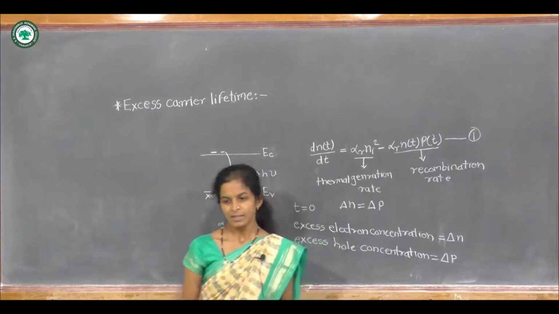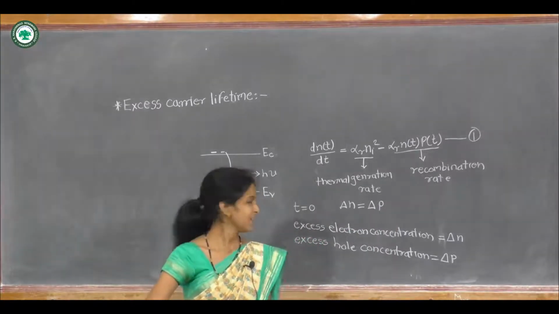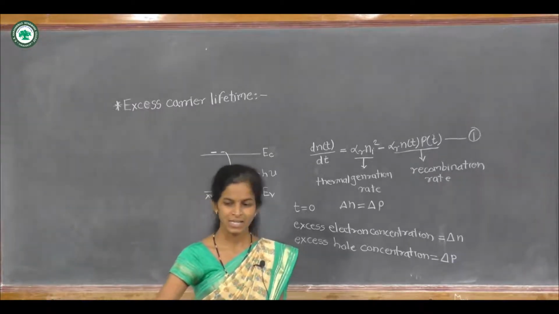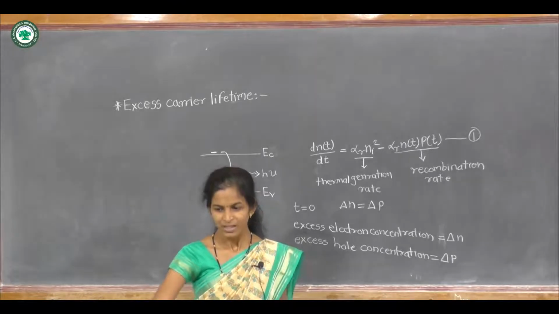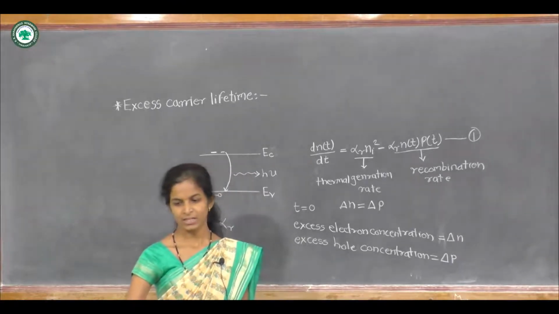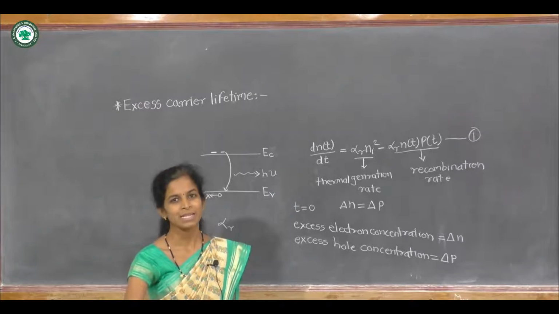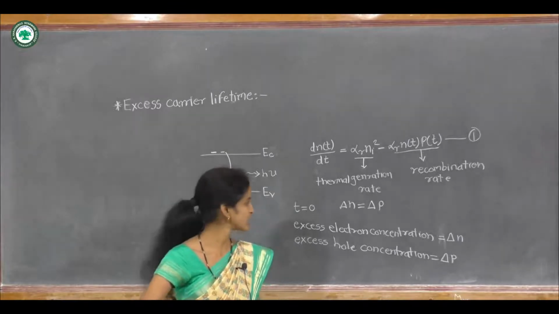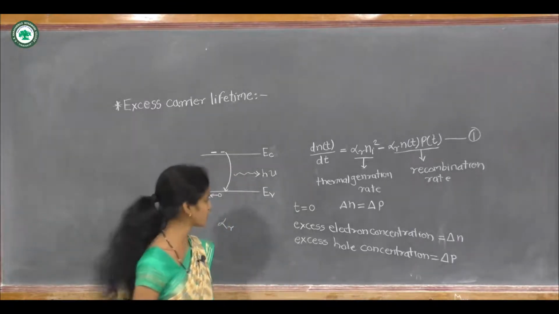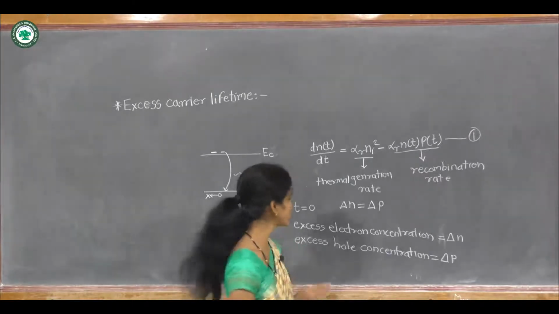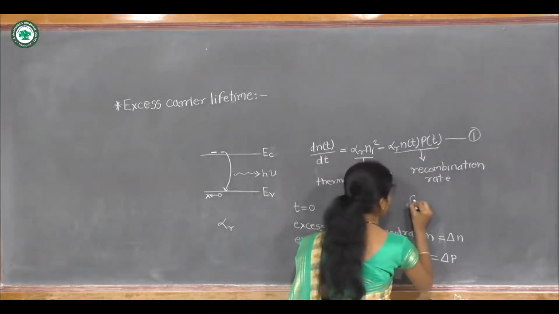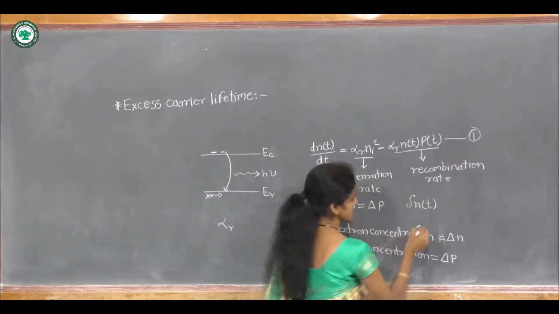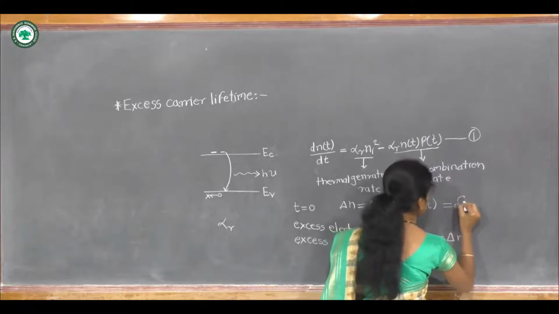As the excess electron concentration and excess hole concentration are initially equal, then as electrons and holes recombine in pairs, the instantaneous concentrations of excess electrons and excess holes are also equal. The instantaneous electron concentration is given by delta n(t) and the instantaneous hole concentration is given by delta p(t).